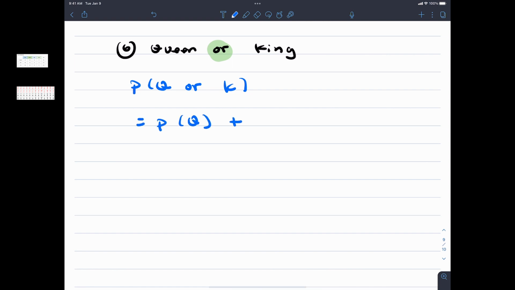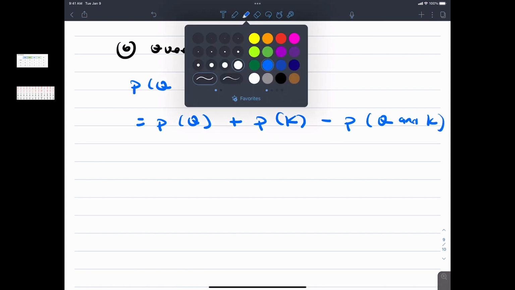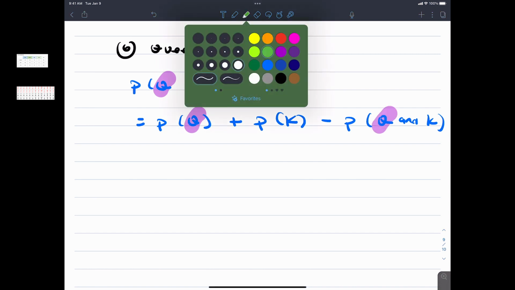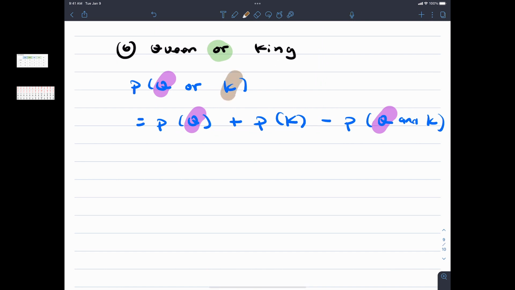The probability of a queen plus the probability of a king minus the probability of a queen and a king. If you do like the colors, I'll keep that. Sometimes people prefer that because it allows them to see. Whenever you have the or question, you use what? Addition rule. Answer the individual probabilities now.